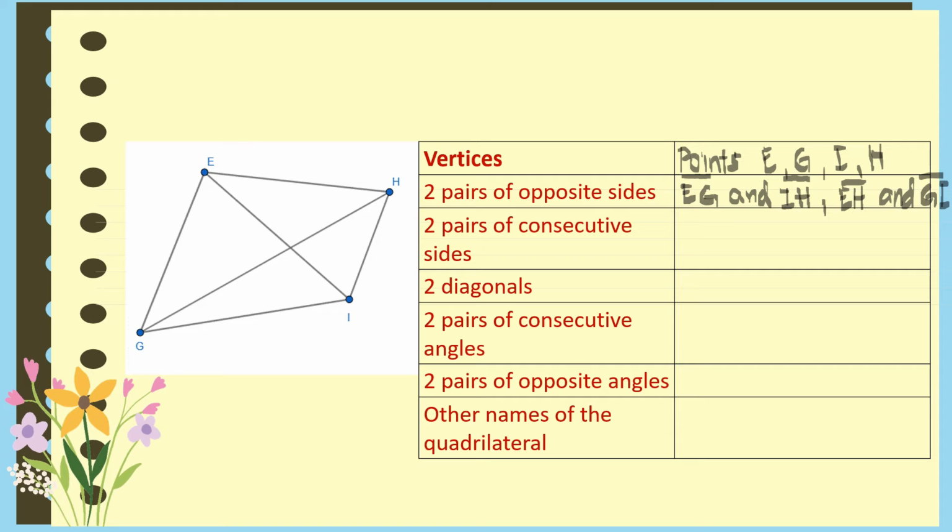How about the two pairs of consecutive sides? Adjacent sides, two pairs of consecutive sides. We have side EG and side GI. We have also GI and side IH.